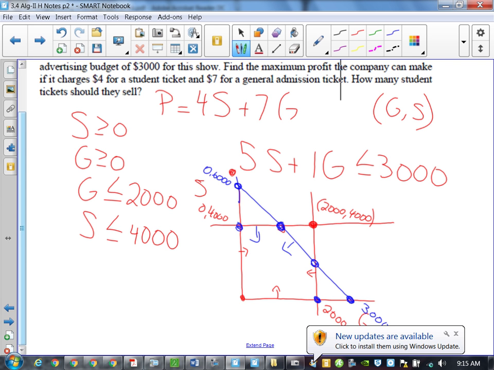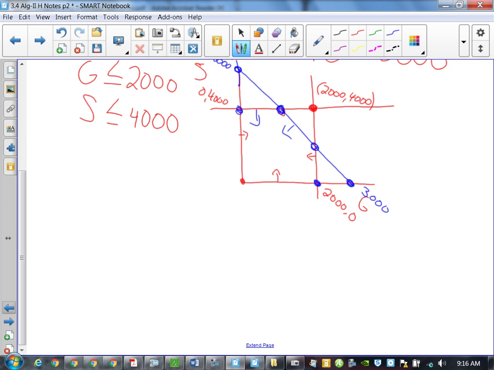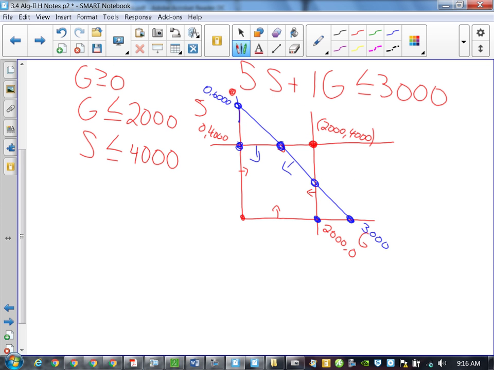So we now have 1, 2, 3, 4, 5 spots. Obviously, I'm not going to maximize anything if I'm not selling anything, so I could probably not worry about 0, 0. But I do need to find this ordered pair and this ordered pair.